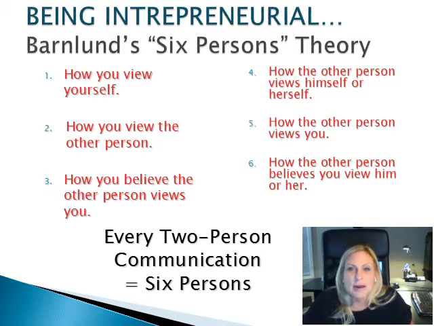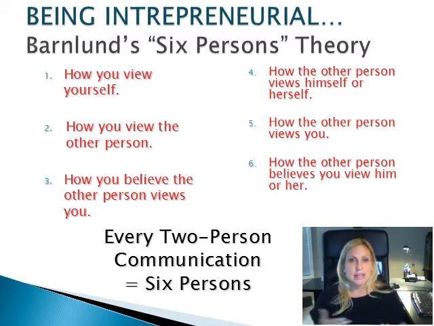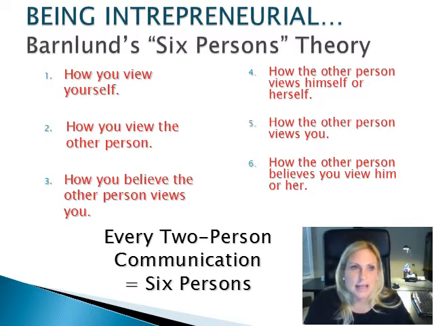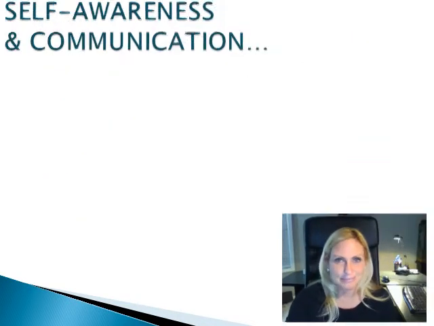The next is how the other person views him or herself. Then how that person views you. And then how the person you're in dialogue with believes that you view him or her. These different perspectives allow you to be objective when you're thinking about your message in the dialogue with another individual. So you're not just having dialogue with another person, but you have to think of all these different angles. It's almost like you're having a dialogue with 6 different persons.